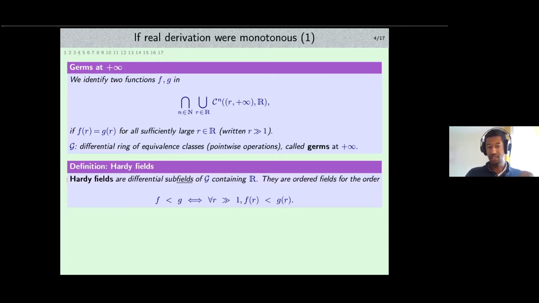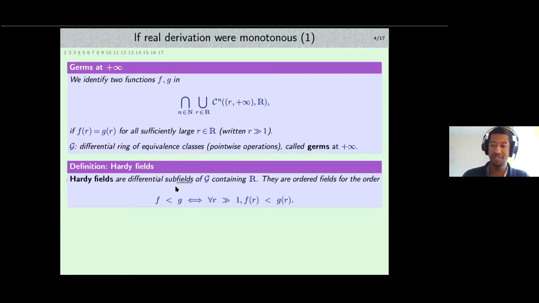We are looking at Hardy fields, which are the differential subfields of G, this set of germs, which contain the field of real numbers identified with constant functions. Taking this definition implies a lot of restrictions on the functions because, as I said, the functions cannot have zeros.